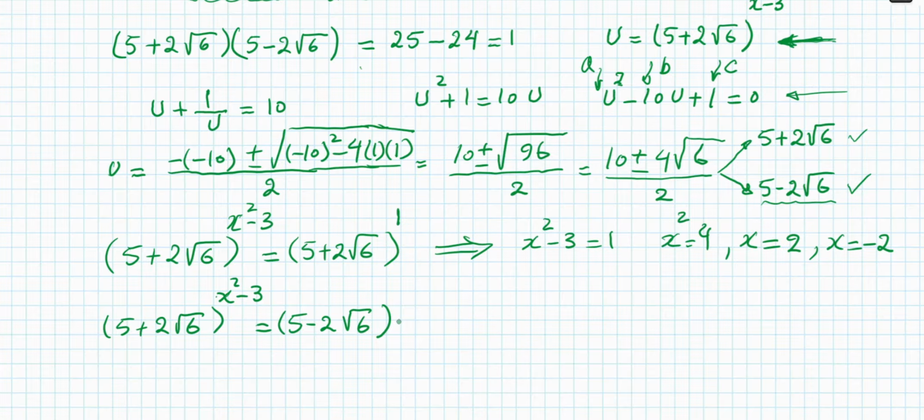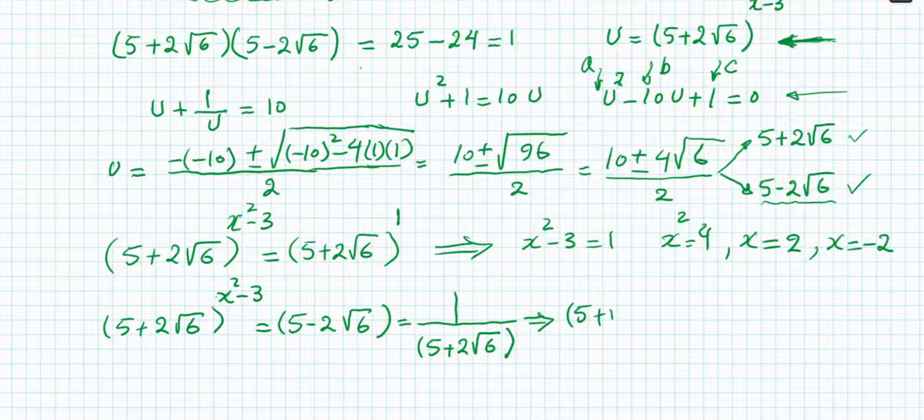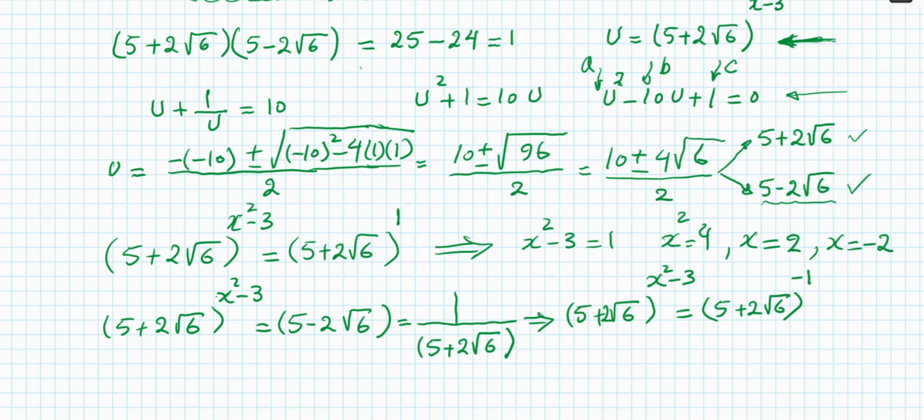So I can write this as 1 over 5 plus 2 square root of 6. And this gives me this equation: 5 plus 2 square root of 6 to the exponent x squared minus 3 is equal to 5 plus 2 square root of 6 to the exponent of minus 1.